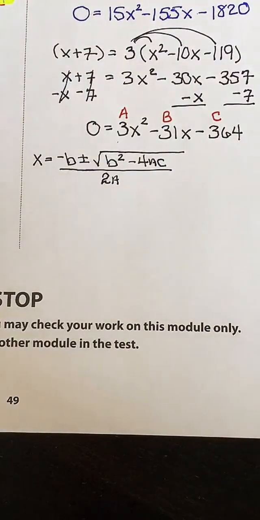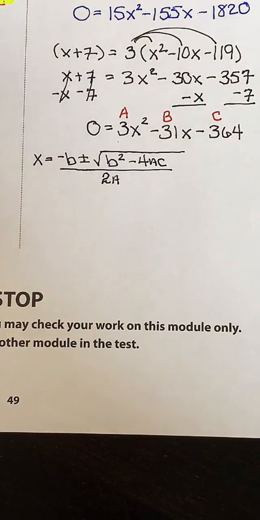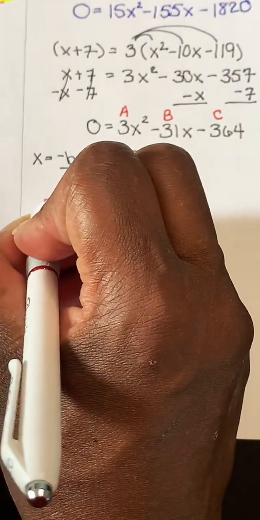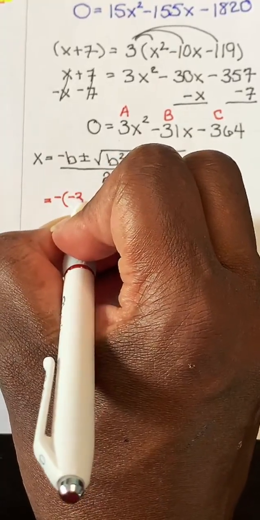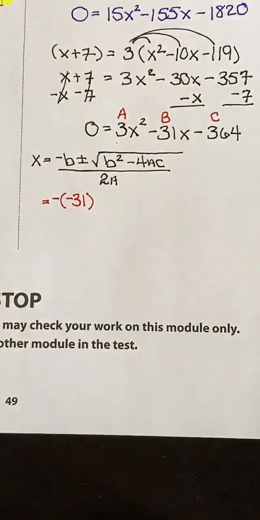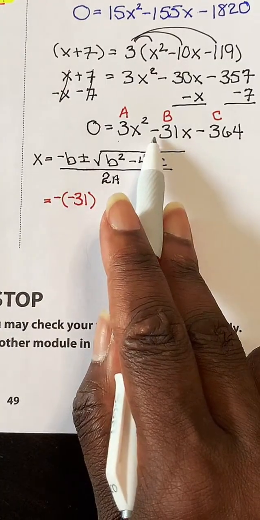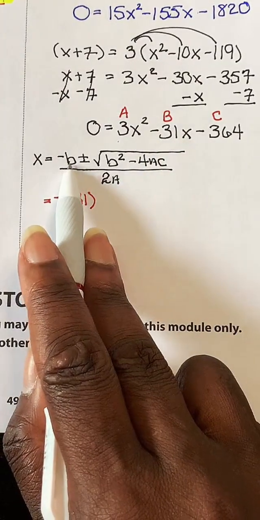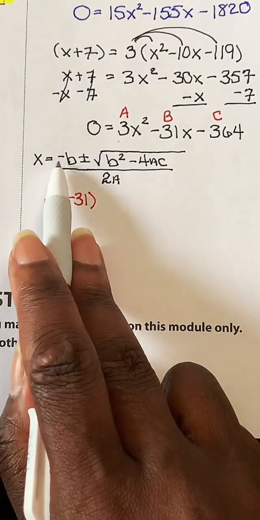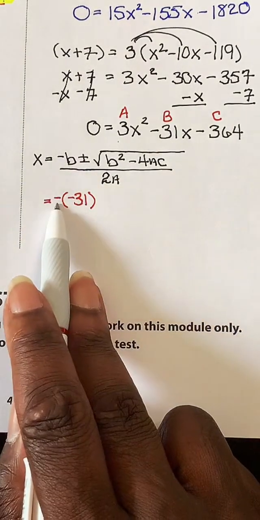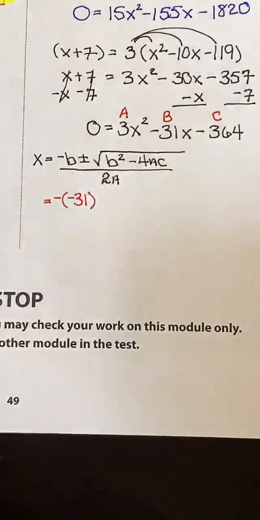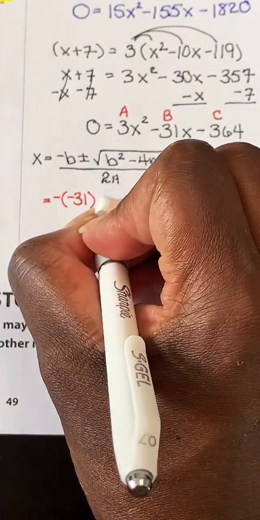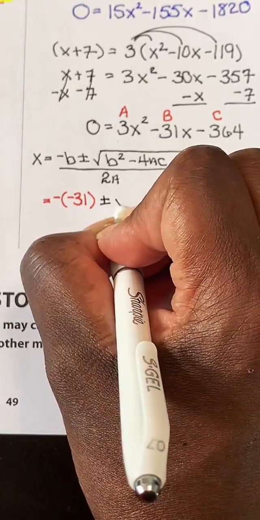So when you plug in, and this is where it gets everybody, it's negative 31. You're only replacing the negative 31 with the B. So that negative that's outside of the B stays outside of the B when you substitute. Now, plus minus, that's the part that gets everybody.